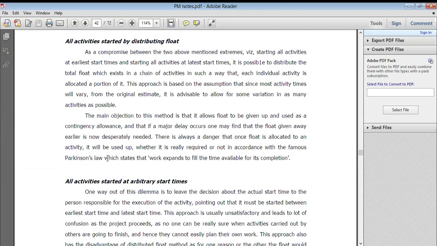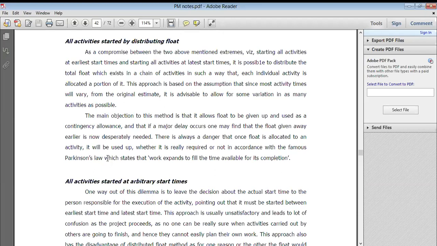Now all activities started by disturbing float. Yes, what is disturbing float? Sometimes some errors come, sometimes due to some meetings we start late because some kinds of approval are not received, that's why the work is started late.